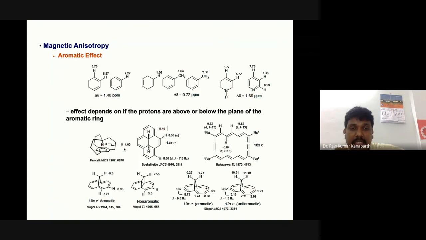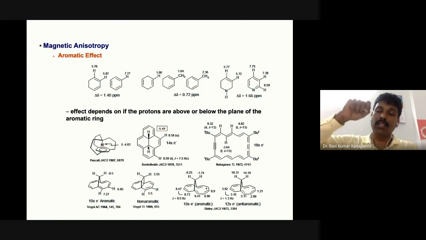And you can see this is a pyrene molecule, sorry, not perylene, but a pyrene type of derivative, wherein you have protons on these two carbons, one in the syn and one in the anti position. The pyrene molecule is again a planar, conjugated system, but on the top you have one proton, and below you have another proton.